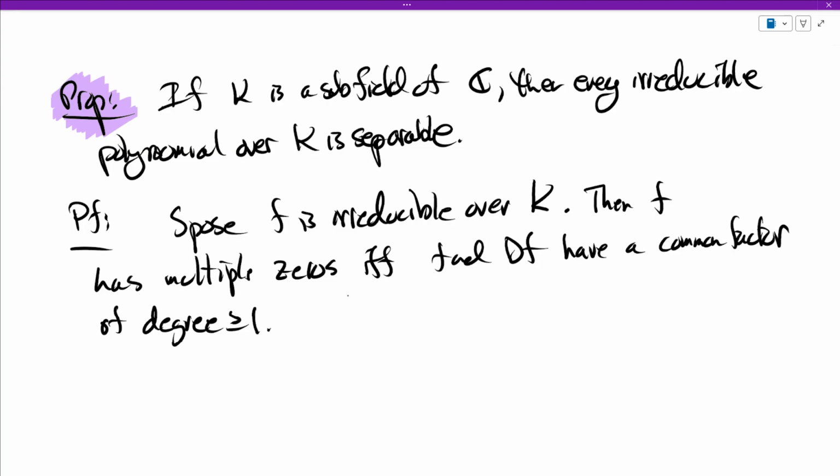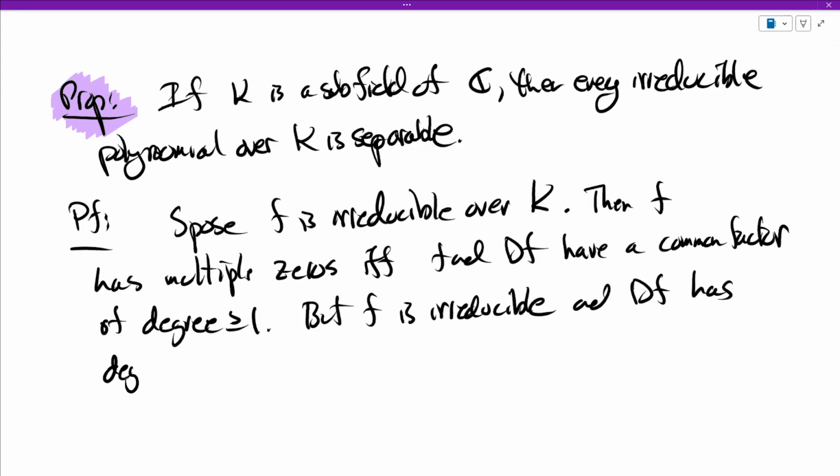Okay, well, f is irreducible, and df has degree smaller than f.